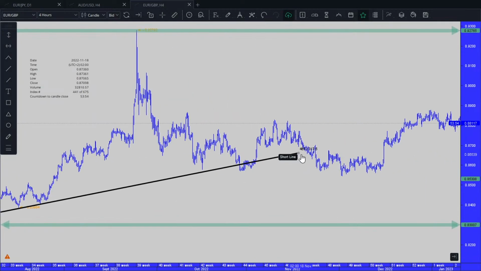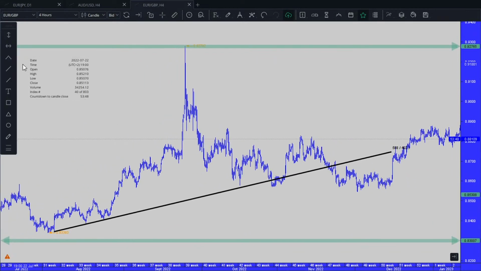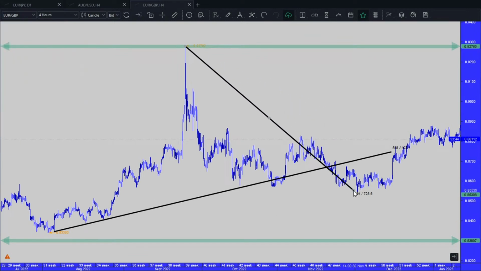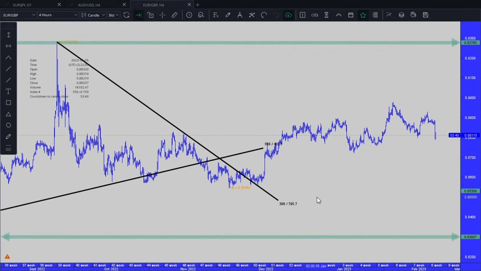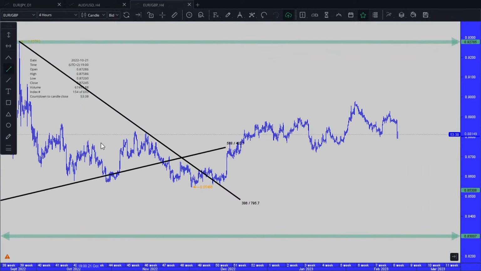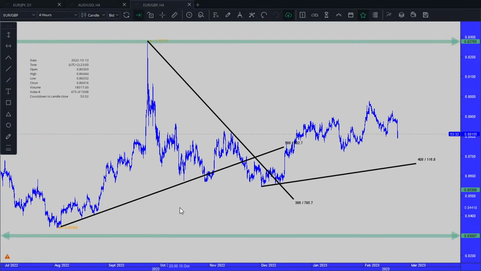So the market was in an uptrend, then the market broke the uptrend line, then the market was in a downtrend, lower lows, until here it was in a downtrend, broke the trend line, then the market was, still is by the way, in an uptrend, right?